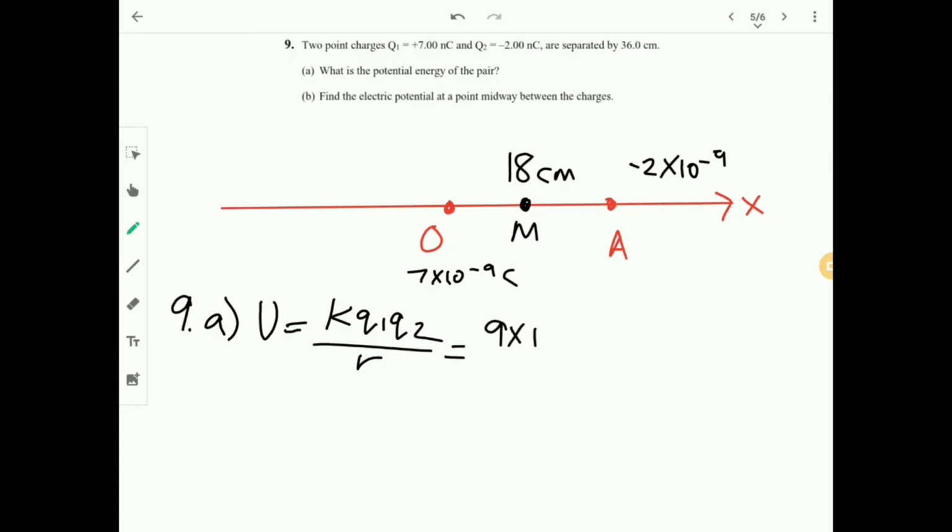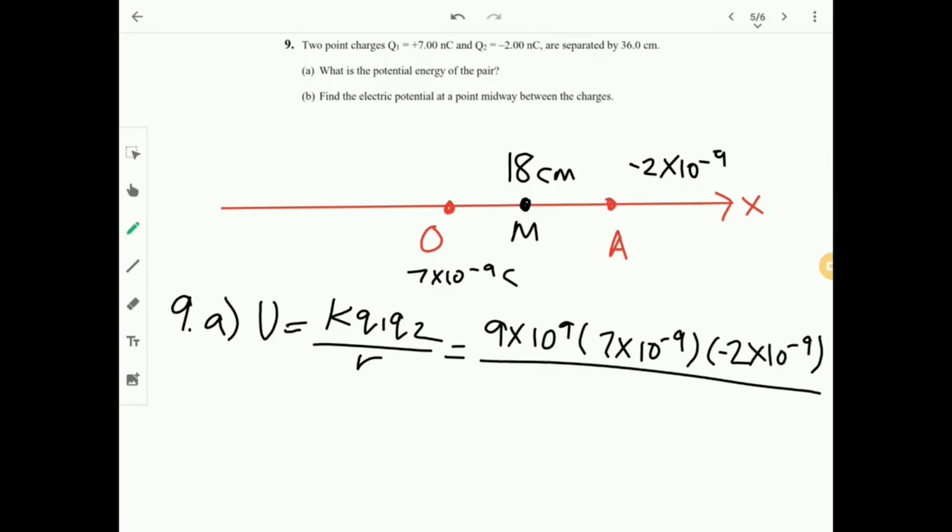So it's 9 times 10 to the 9 times 7 times 10 to the power of minus 9 times minus 2 times 10 to the power of minus 9 over 36 centimeters, so 0.36, this cancels, and we should get minus 3.50 for 3 significant figures times 10 to the minus 7 joules.